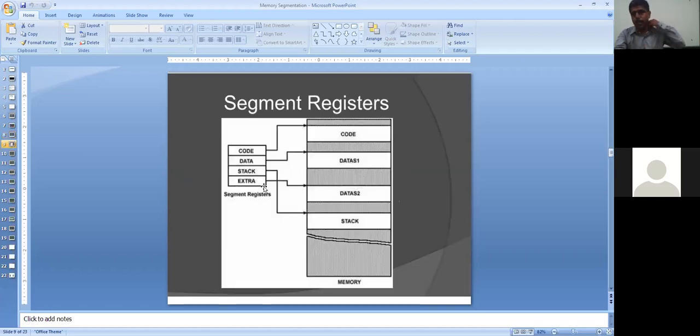Now we have 4 segment registers: code segment, data segment, stack segment, and extra segment register.